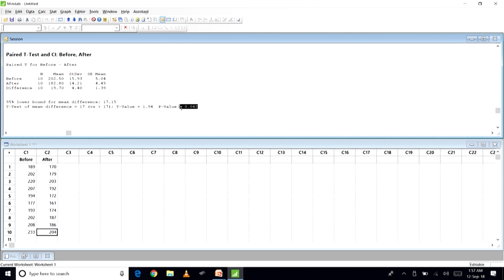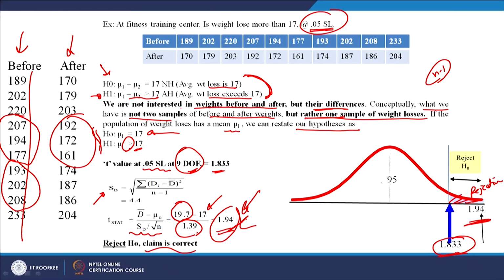The p value is 0.042 and alpha is 0.05. So, p is less than alpha, so we will reject the null hypothesis. This is how you can work out this question using Minitab.